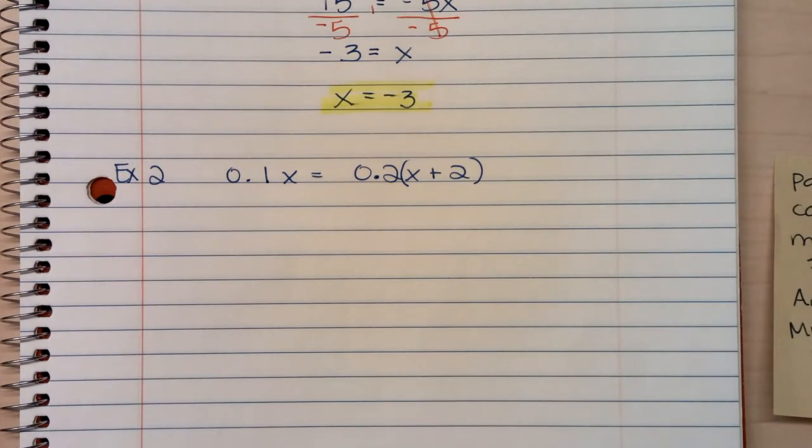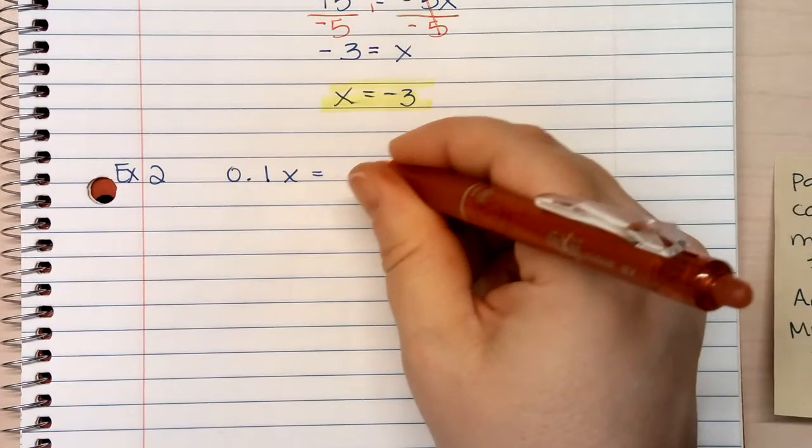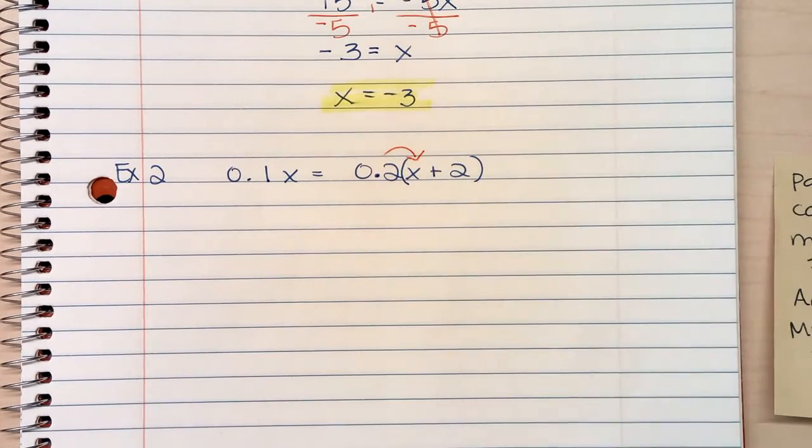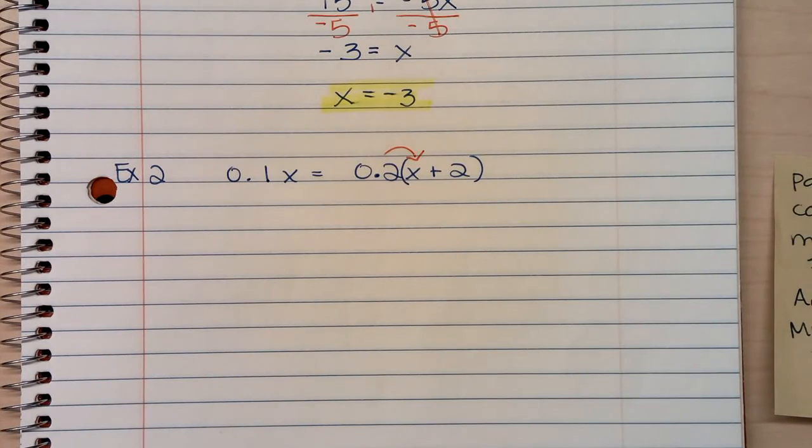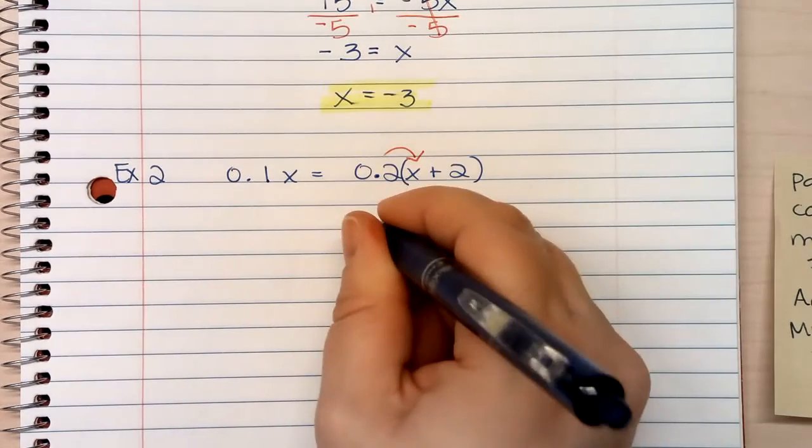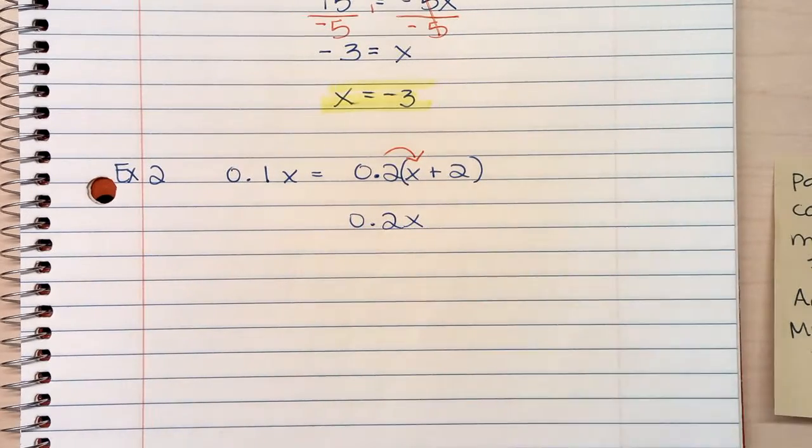So we are going to multiply 0.2 times x, which is, you just smush them together, 0.2x.